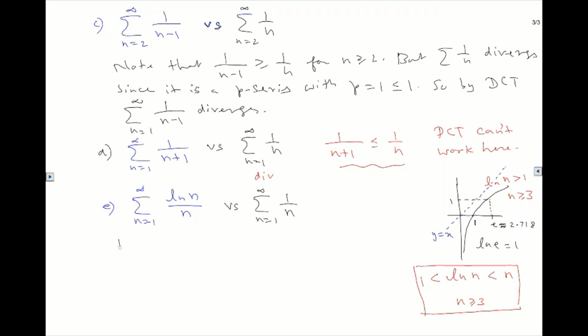Note that ln n is bigger than 1 for n greater than or equal to 3, and because of that, ln n over n is bigger than 1 over n. Why? If you replace ln n on top by 1, it is smaller, because of our argument.